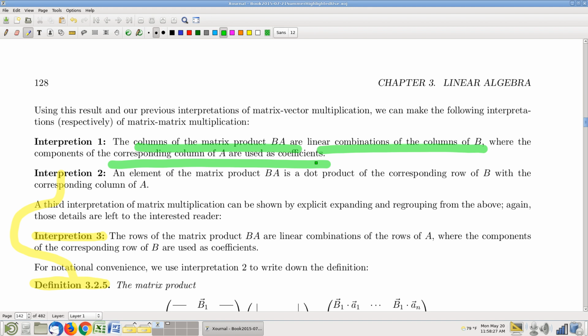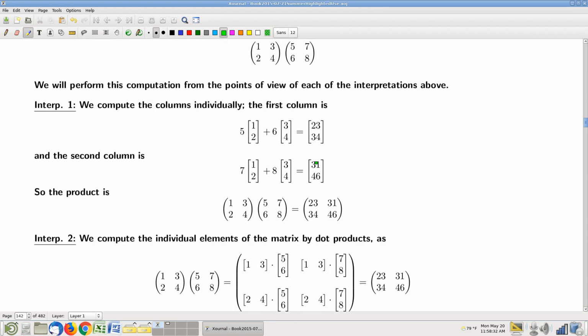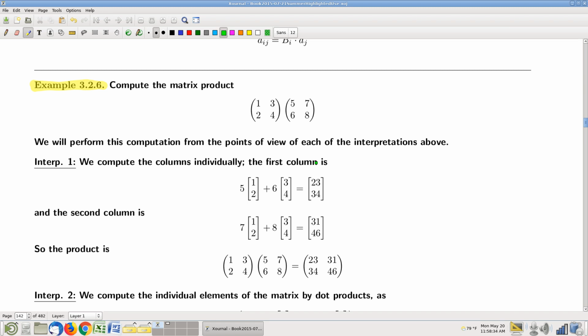Everybody on board? So let me skip down to an arithmetic example. Suppose I want to multiply these matrices. Let's compute that first column. Where does this first column come from?